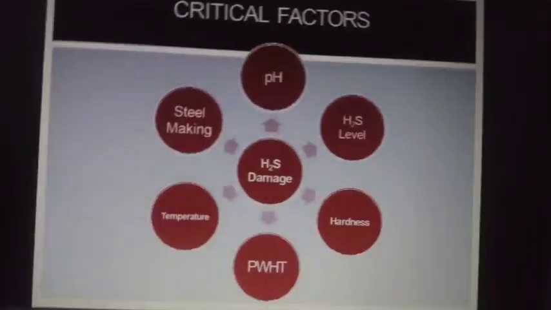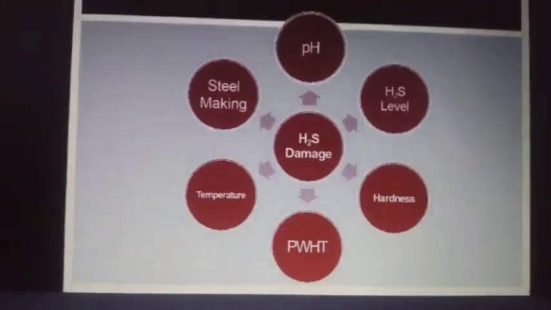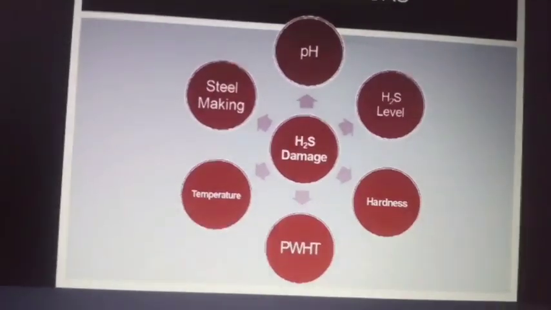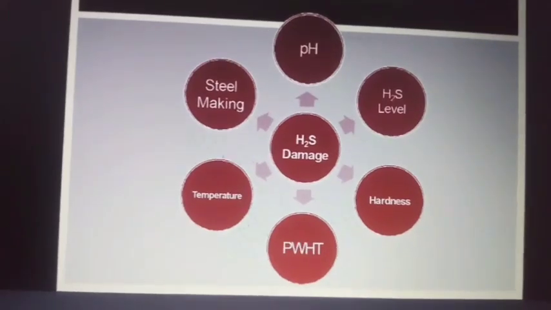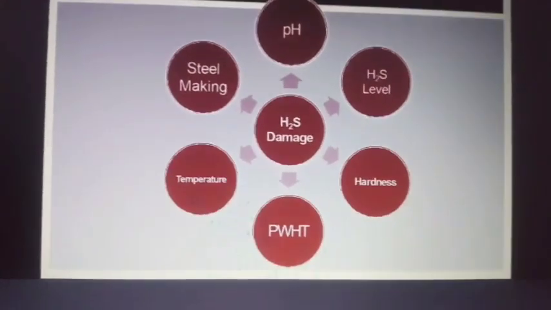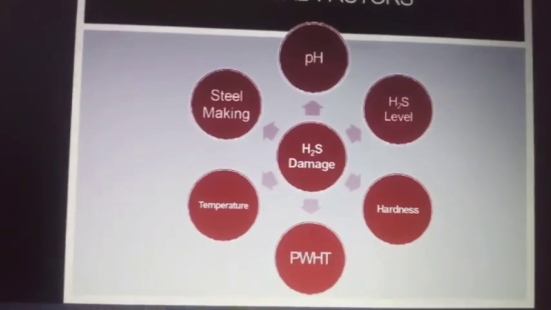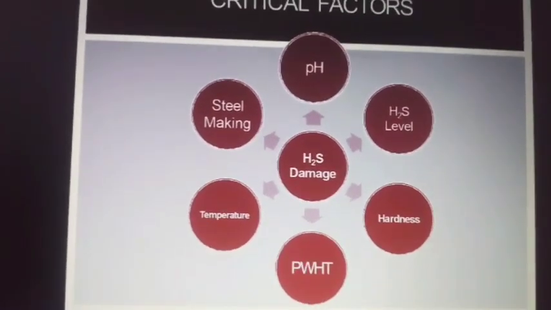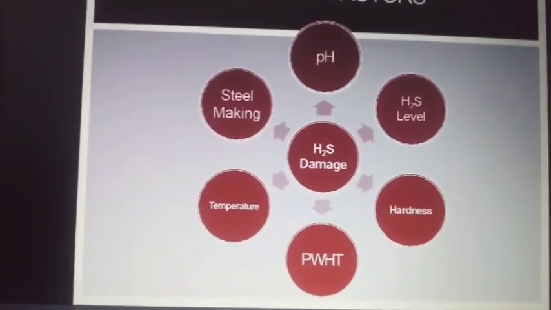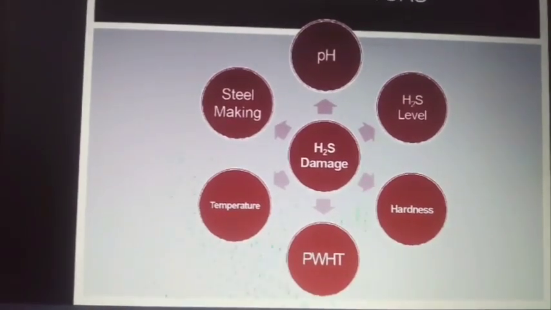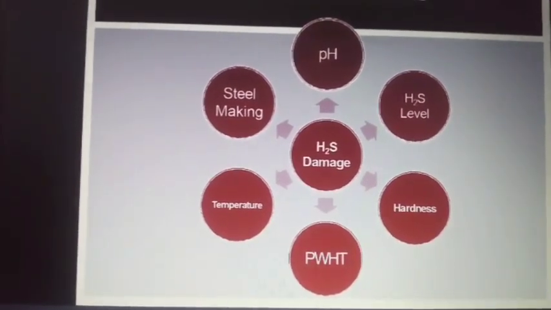Okay. So now you have pH, the H2S level, then hardness, PWHT temperature, and steel making, which is nothing but sulfur content. High H2S means high tendency for sulfide stress cracking. High hardness means high tendency for sulfide stress cracking. If you do a PWHT, the tendency goes down.